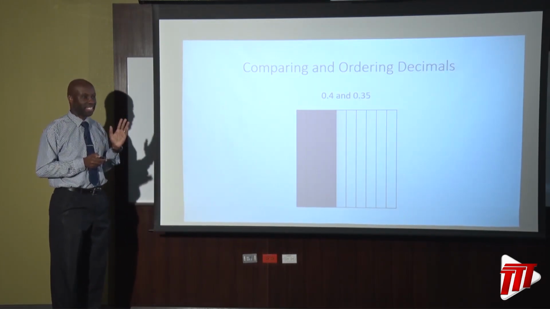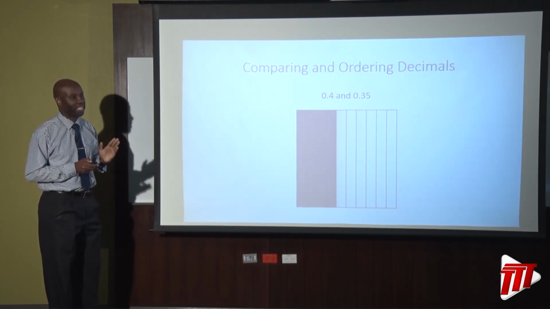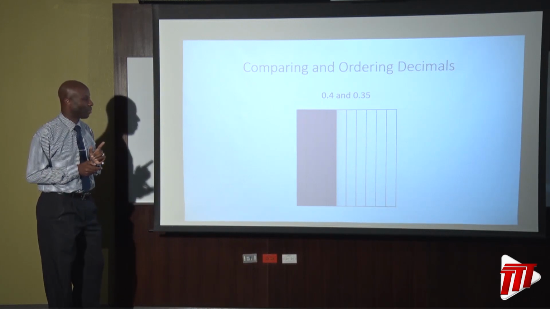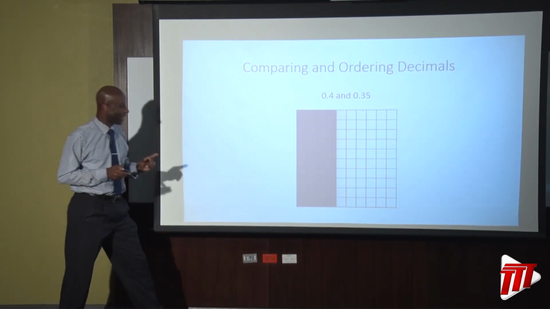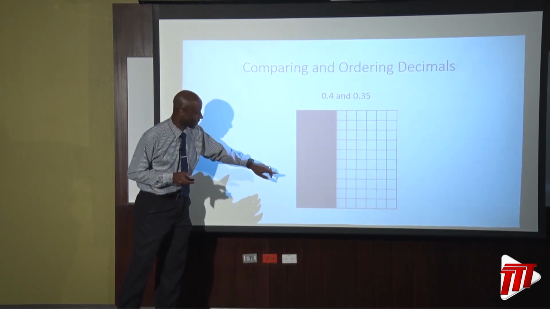To represent 35 hundredths, I'm going to take that whole and divide it into 100 equal parts. And again, you can see the relationship between hundredths and tenths.